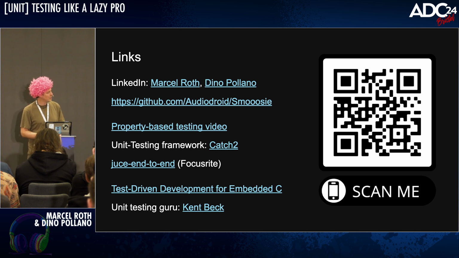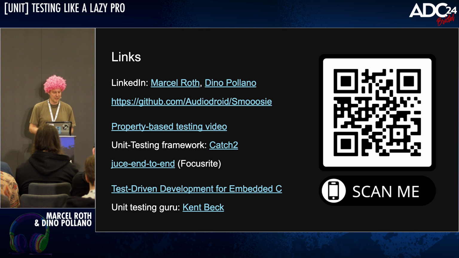If you are more interested in the property testing, you find a link to a video there. There is a link to the Catch-2 framework, the Juice end-to-end framework, link to a page for this book that has helped me a great deal in understanding all this stuff, and in particular for people that do embedded, that might be interesting.